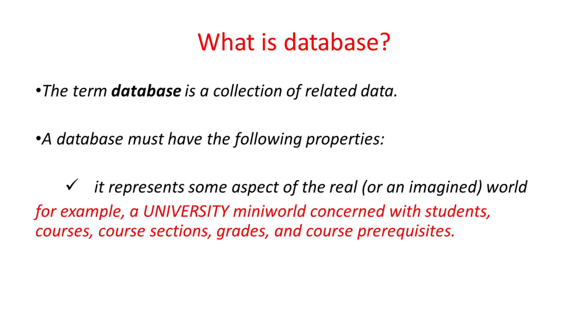If I consider a hospital database, it will contain the information about doctors, patients and medicine. So every database will represent certain aspects of the world. That is the first property. And the second property is each database will have some purpose. So we understood what is data, information and database.